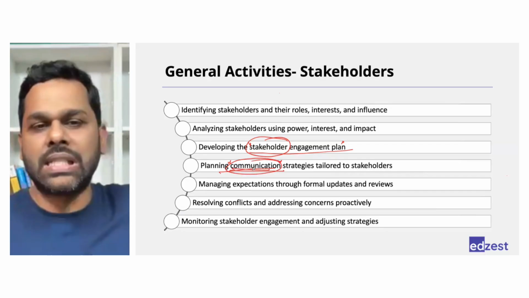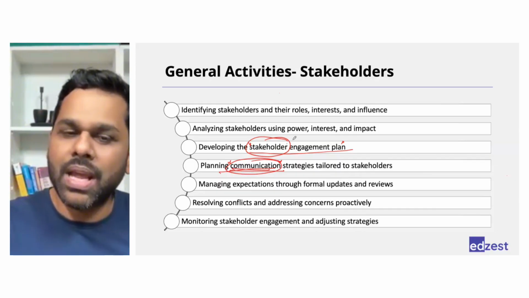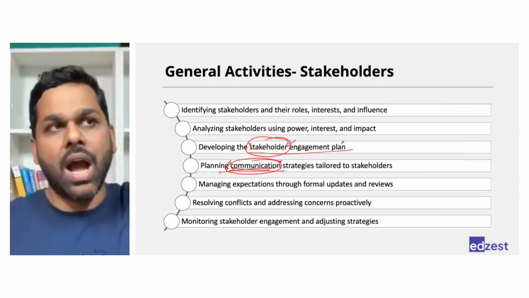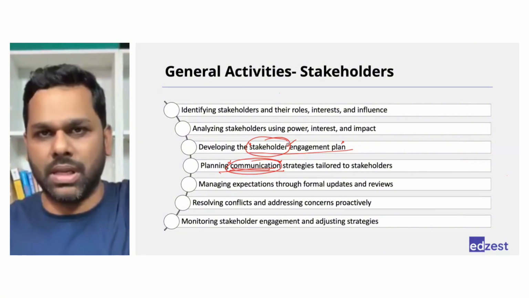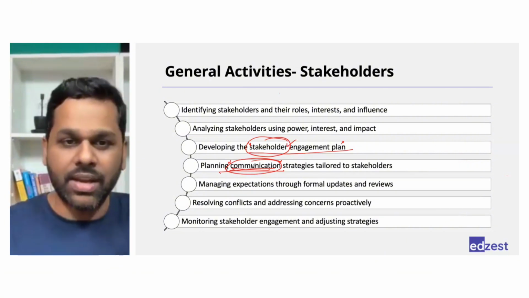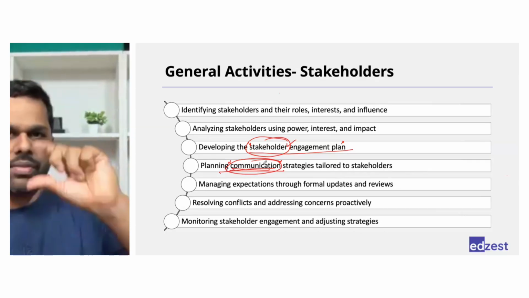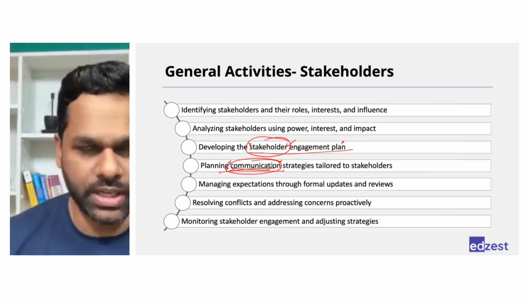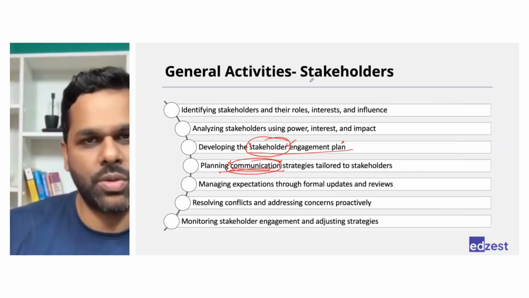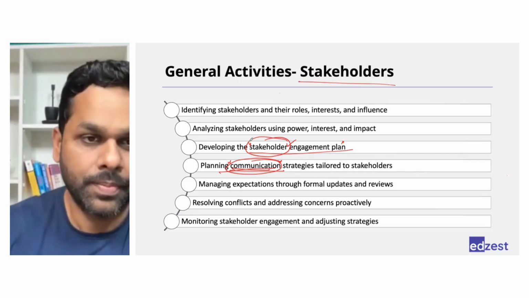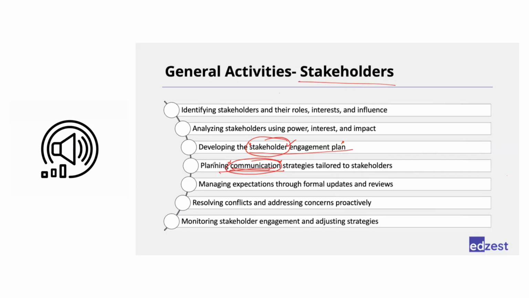How will this information be discussed? In the stakeholder engagement plan, the stakeholder is the focus. How will I discuss with that person? How will I engage that person? What do I do with that person? That person is at the center. Here, the information is at the center. That's the difference between the stakeholder engagement plan and the communication management plan. The answer to your question is both are part of the stakeholder performance domain itself. Okay, got it. Thank you.